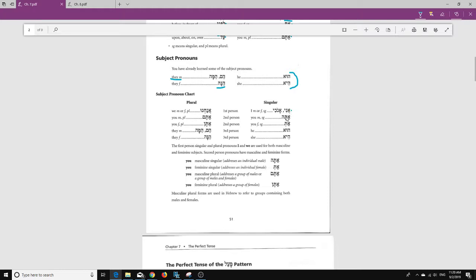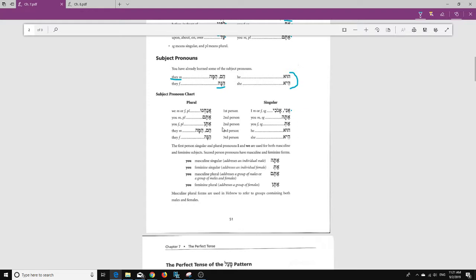We'll go ani, anoki is I, ata, you masculine, at, you feminine, hu is he, hi is she, anachnu is we, atem, you masculine plural, aten, you feminine plural, hem, hema is they, the masculine form, and hen is they, feminine form.